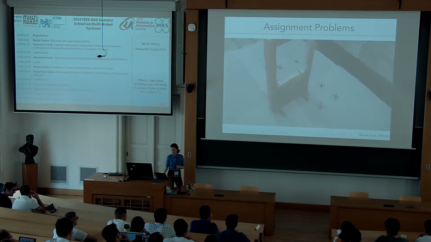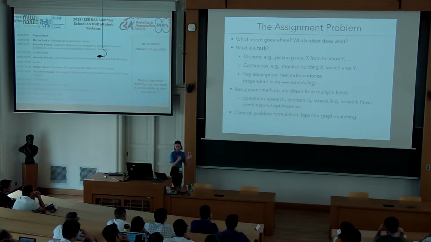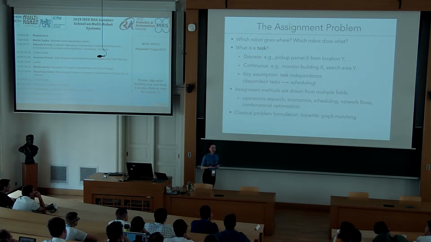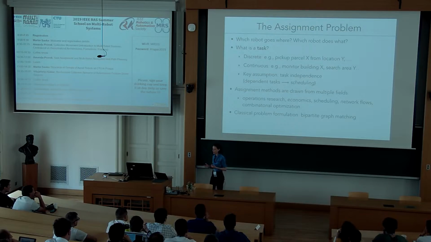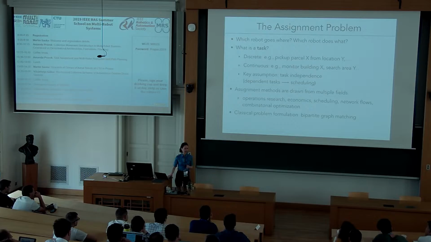So what is task assignment? The problem statement says that if we solve the task assignment problem, it's going to tell us which robot should go where and which robot should do what. And then the key question which remains to be answered is, what is a task in this case? There are many different ways that we can think of tasks.